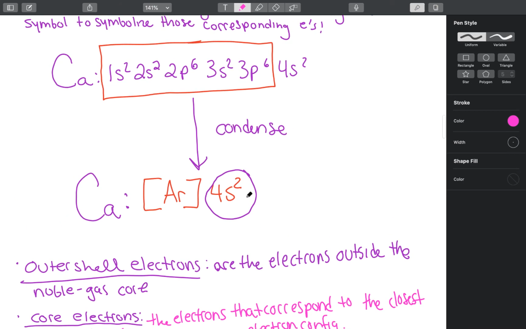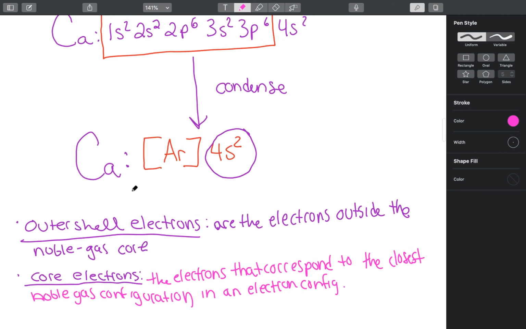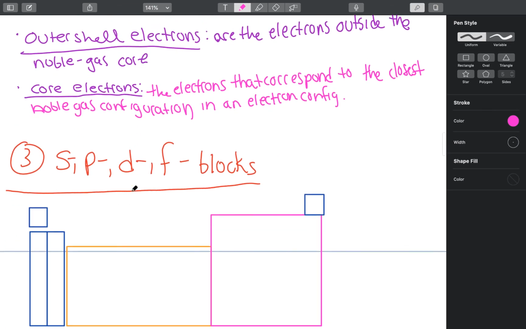So in this case, for calcium, these would be your core electrons, and these core electrons are symbolized by their corresponding noble gas elemental symbol. So that is how you can condense electron configurations.